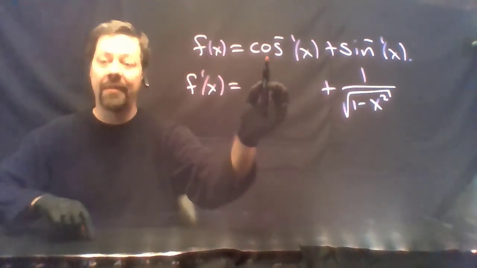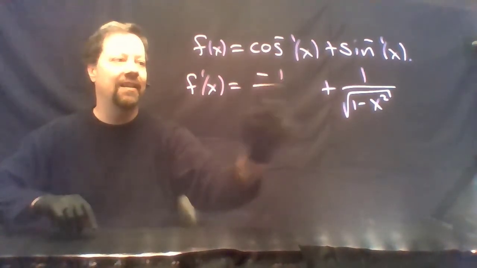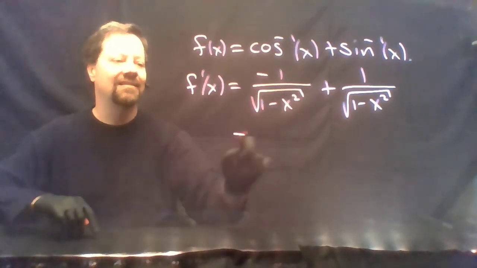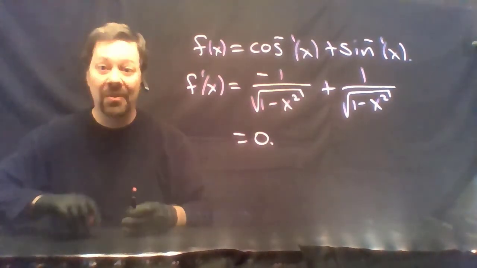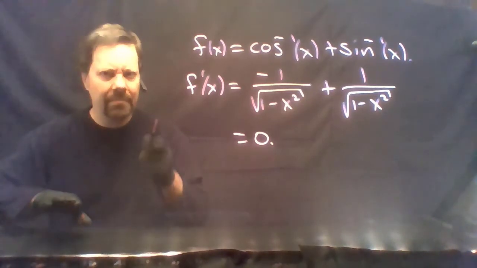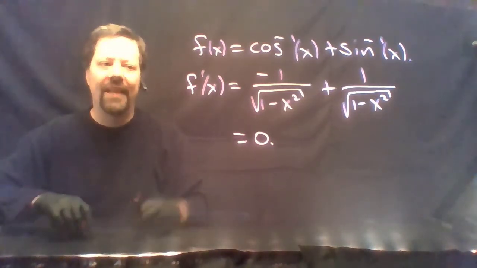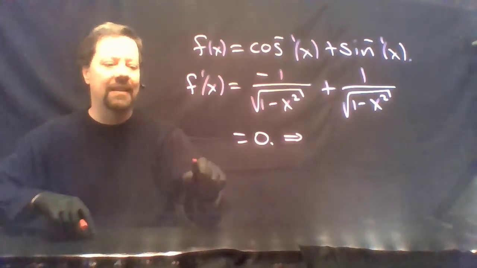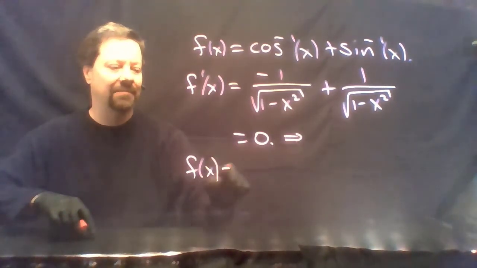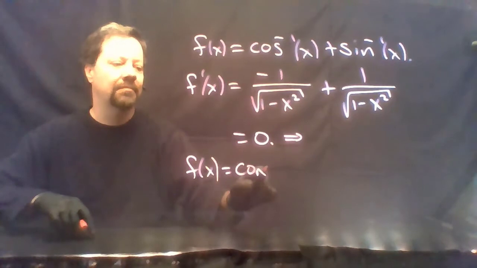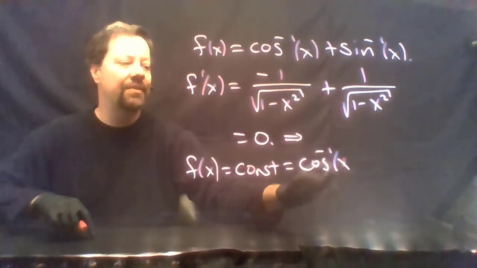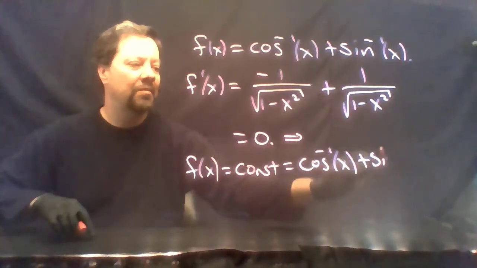But the derivative of the cofunction is merely the negative of that. The derivative is 0 everywhere. We will show that if a function has a derivative equal to 0 everywhere, that implies the function is constant. But the original function was inverse cosine plus inverse sine.